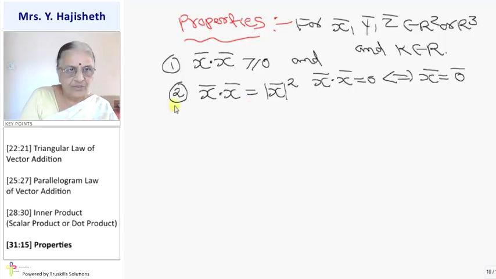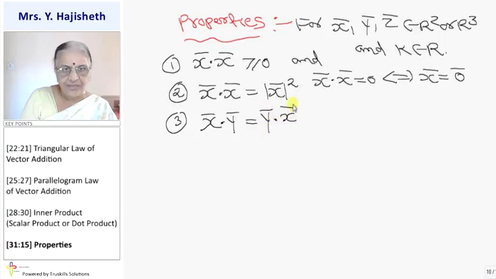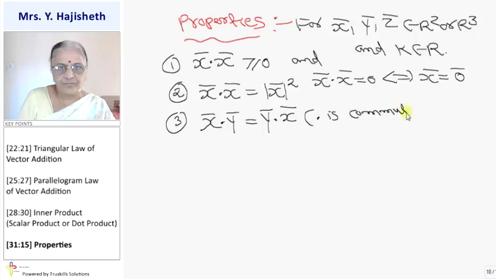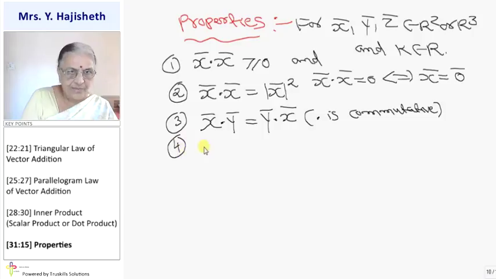Clear? Third property is that dot product is commutative, because x dot y and y dot x are the same. This is called dot product is commutative. Fourth property is the distributive property of dot product over vector addition.